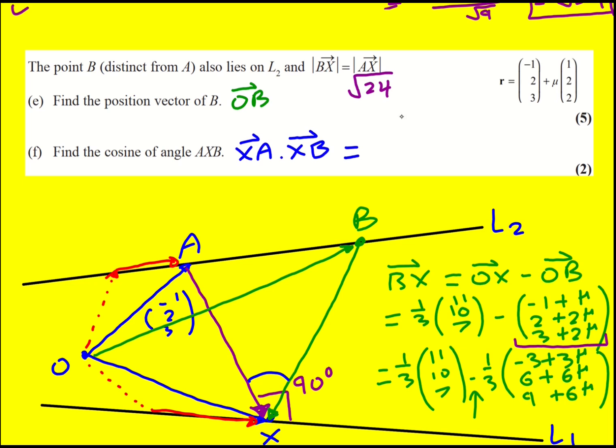And we've got ax, so we just need to switch the signs around to make it minus ax. And this becomes, I'll put the third inside, I think. So minus 14 over 3, minus 4 over 3, and 2 over 3.